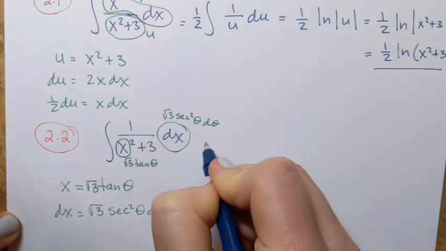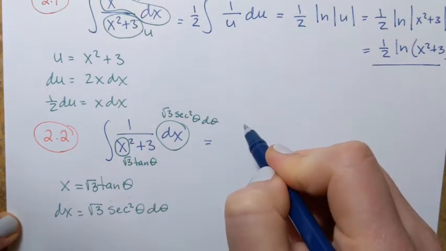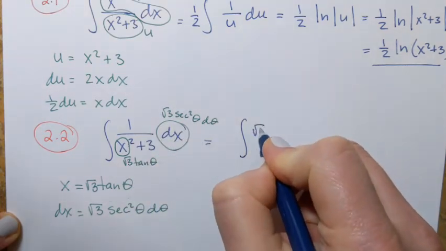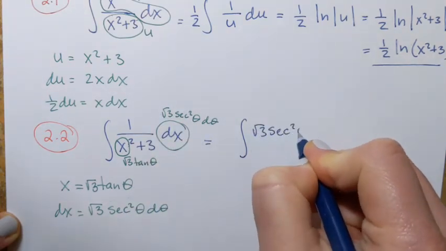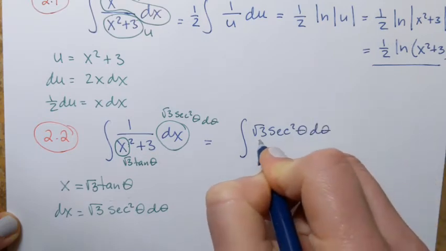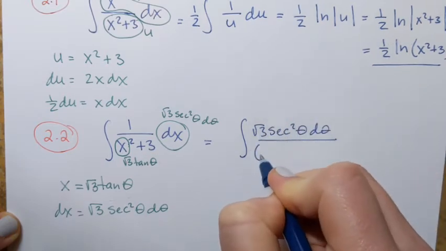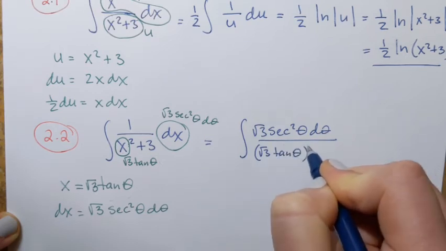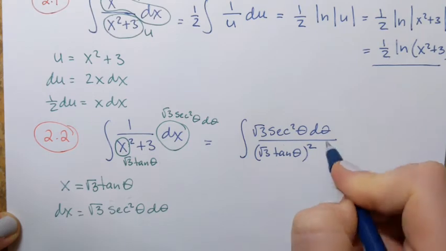Okay, so let's put this all together. Integral, I'll put this in the numerator: square root of 3 secant squared of theta d theta over, in the denominator, I have square root of 3 tangent of theta squared, that's x squared, plus 3.